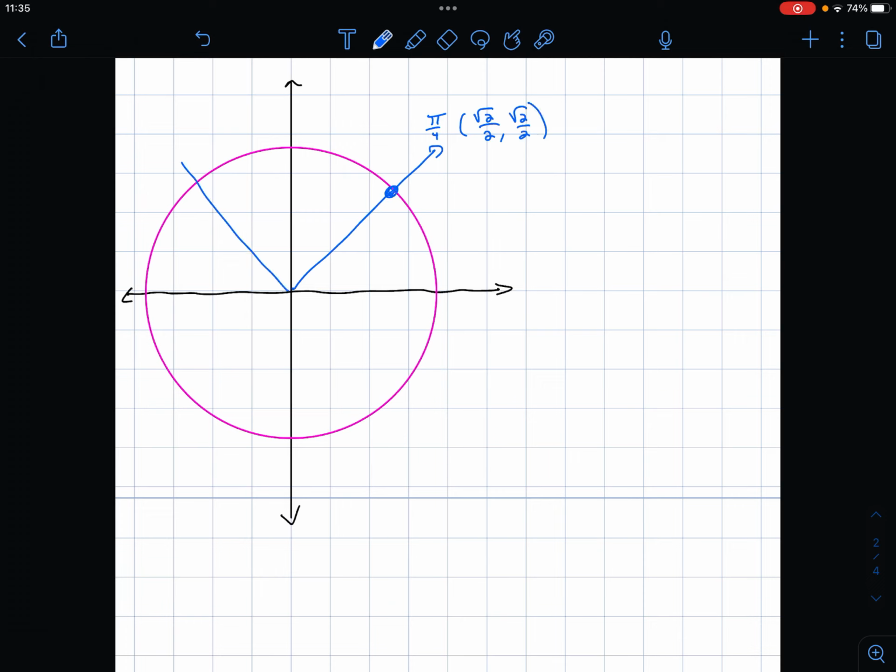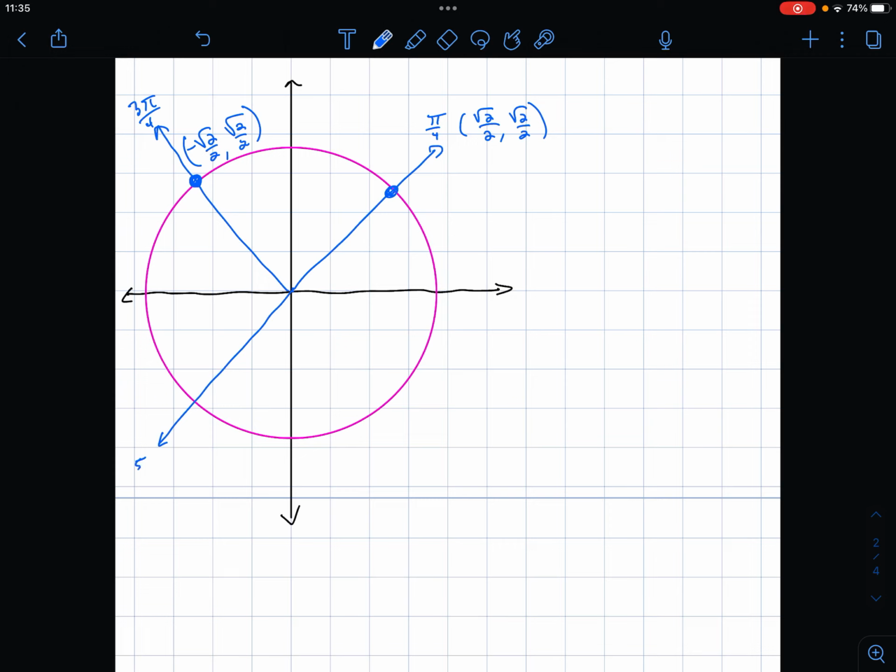Then if I have my angle 3 pi over 4, my x and y coordinates are going to be negative root 2 over 2 for x in quadrant 2, and positive root 2 over 2, because it's a positive y in this quadrant.